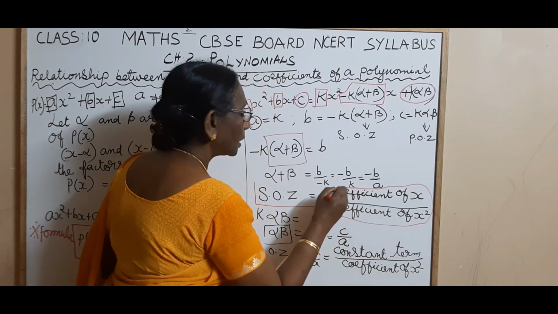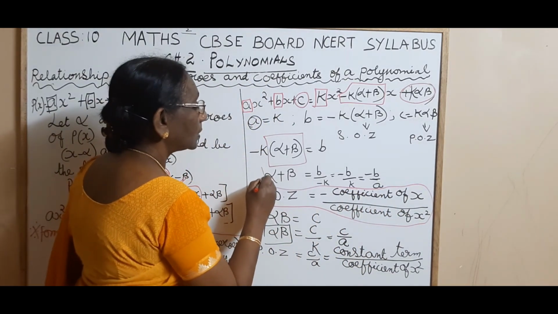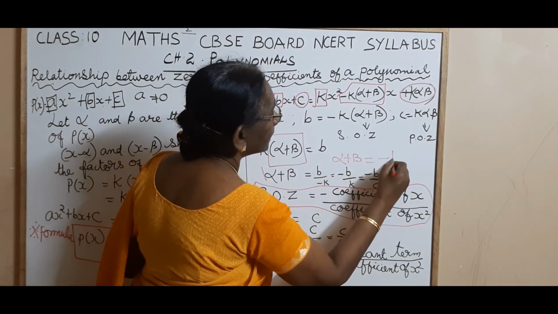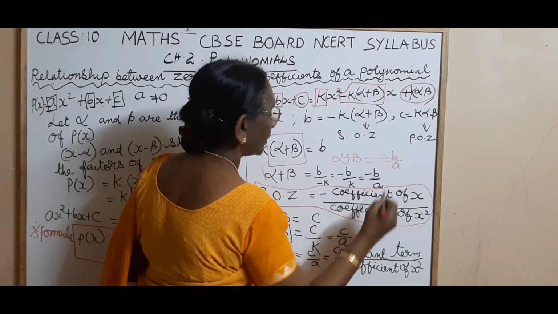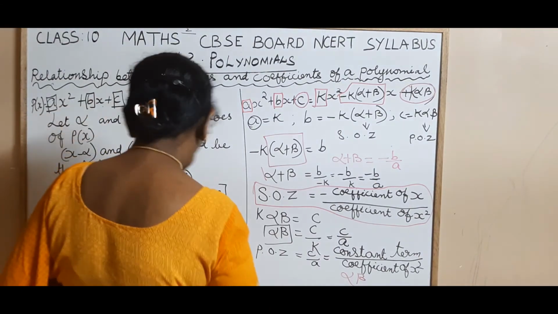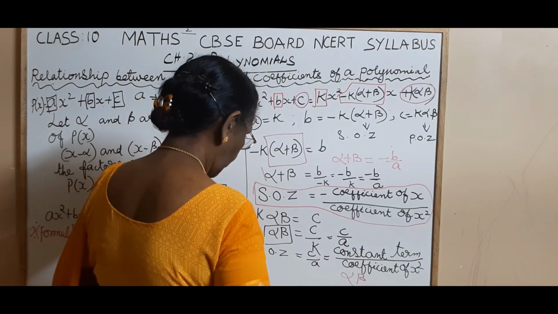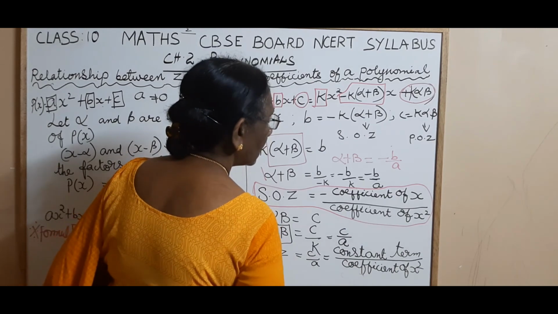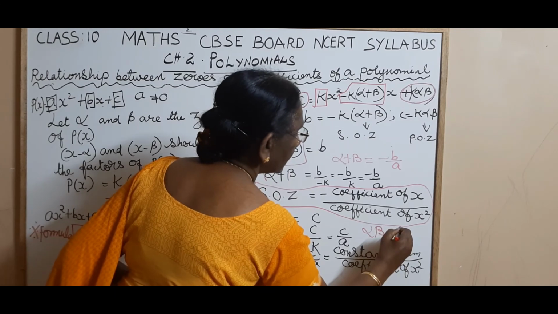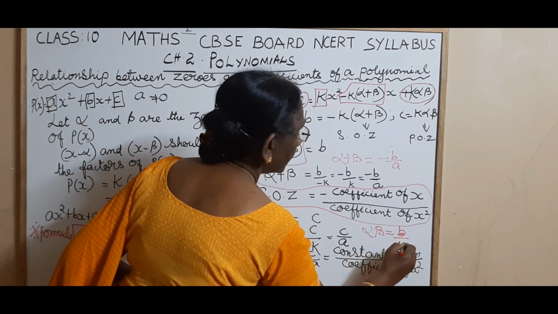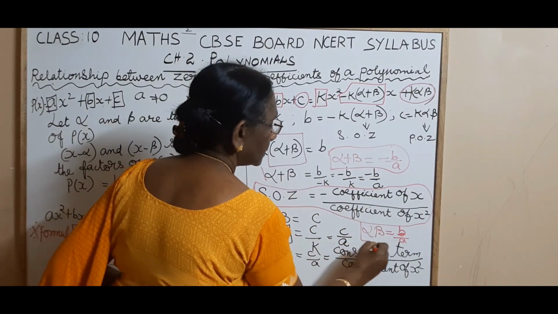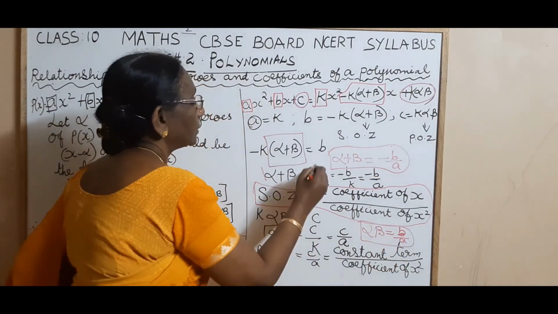So you have to keep this in mind. That is, alpha plus beta is equal to minus b by a, and alpha beta is equal to c by a. You have to keep these in mind.